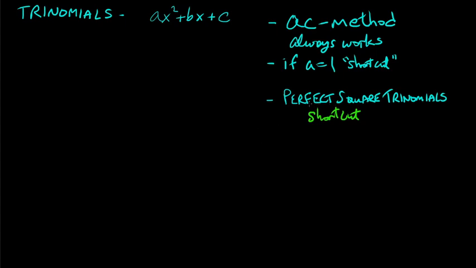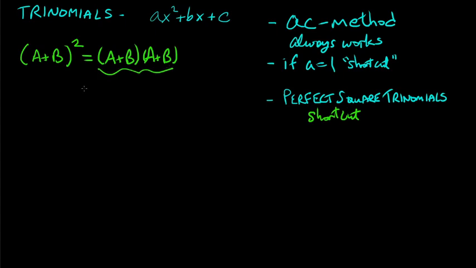So when you factor a perfect square trinomial, it's a perfect square. In other words, it looks like A plus B, the whole thing squared, which is just another way to write A plus B times A plus B. And I'm using capital letters because it has nothing to do with this A and this B. So when you multiply this out, you get the trinomial.